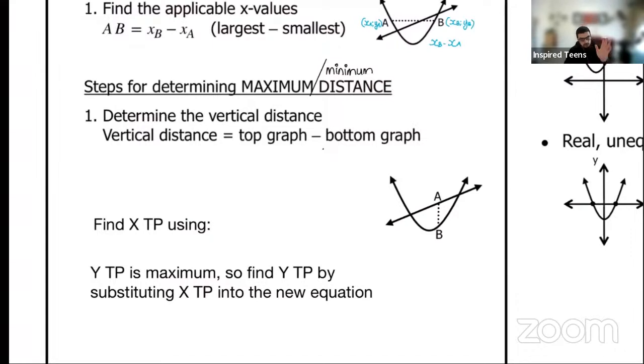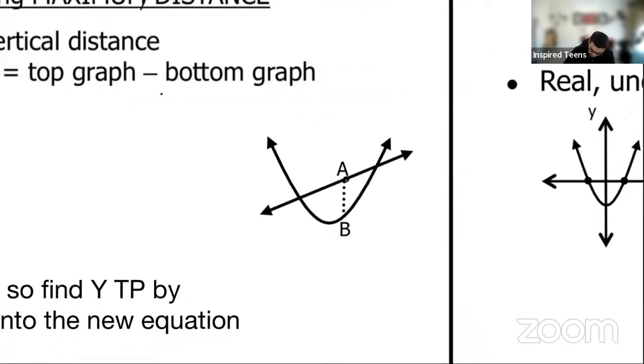So step number 1 is to determine the vertical distance. Vertical distance is top graph minus bottom graph. In maximum or minimum distance questions, they don't really give you a particular x coordinate. So you won't know the x coordinate of A or of B. All you know is that AB is a line between the two graphs.